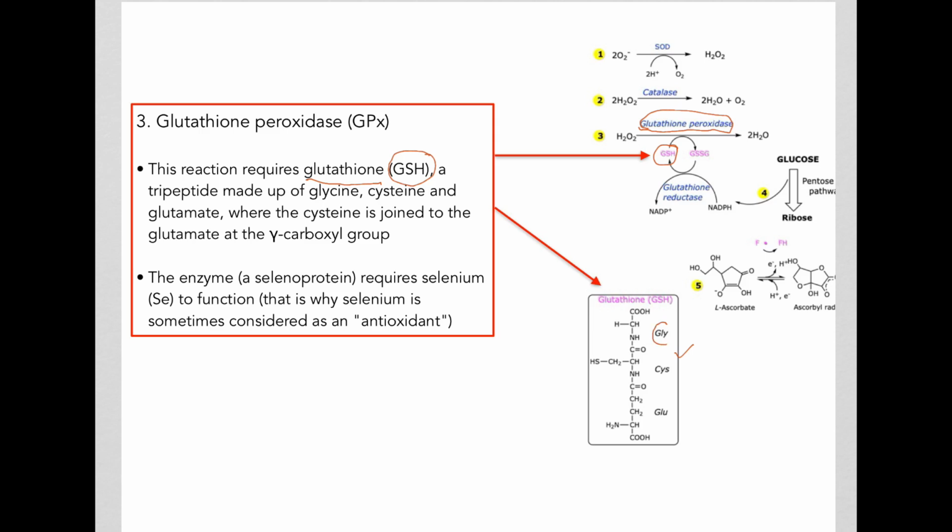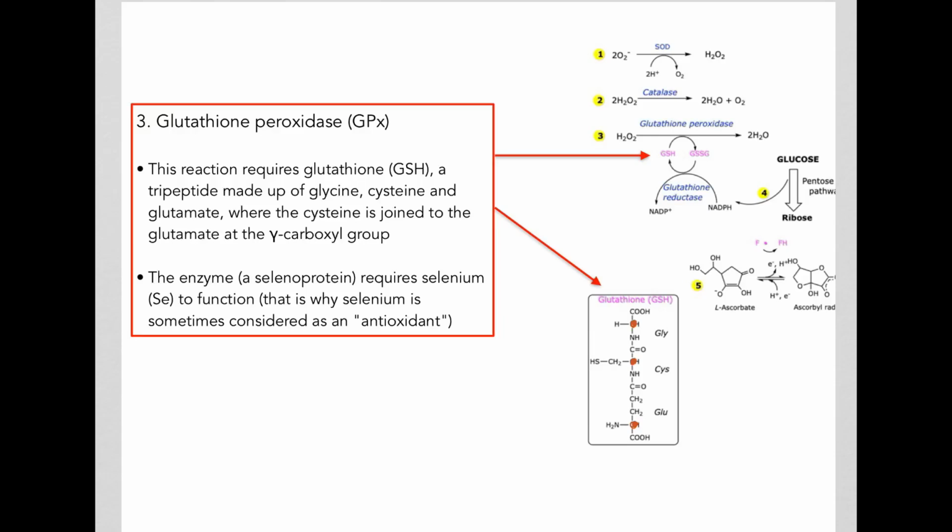Notice it's made up of 3 amino acids: glycine, cysteine, and glutamic acid. So notice this is the alpha carbon of glycine, and then we have the alpha carbon of cysteine, and here we have the alpha carbon of glutamic acid.